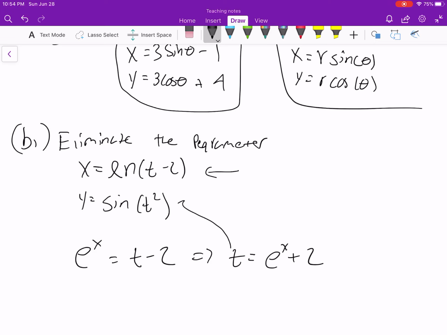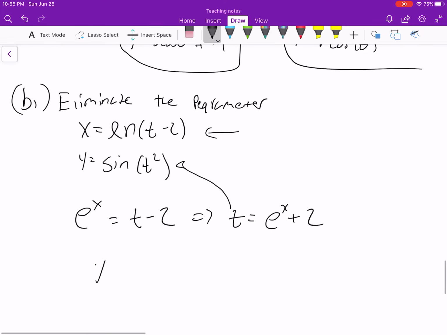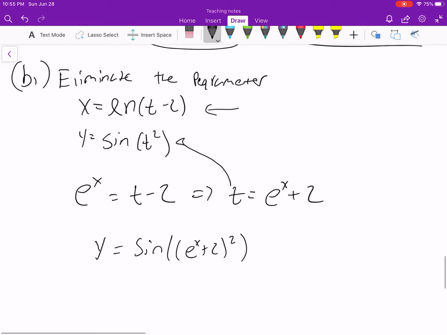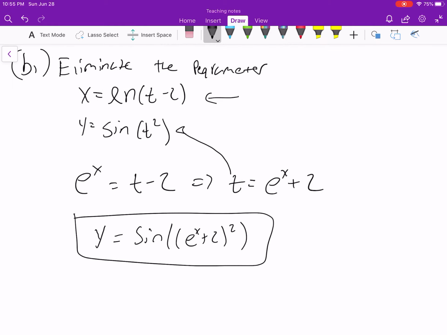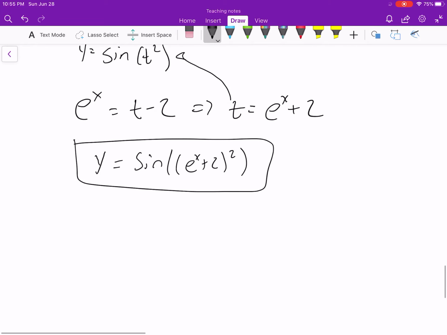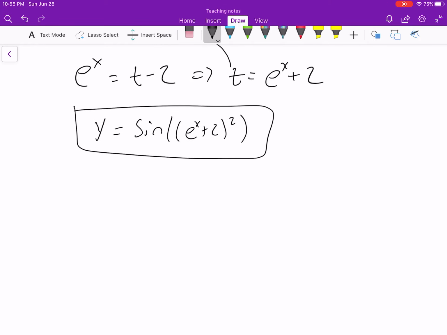Now I'm going to take this and just plug it into the y equation. This will give me a Cartesian equation: y is equal to sine of (e to the x plus 2) all squared. And that's all I was looking for. You didn't have to expand that out. A couple people did.